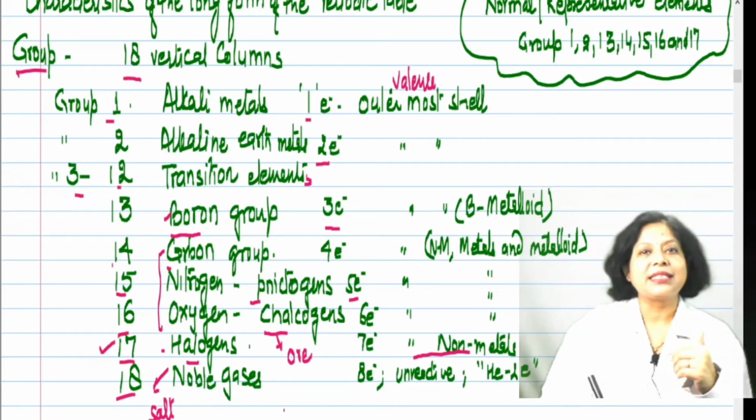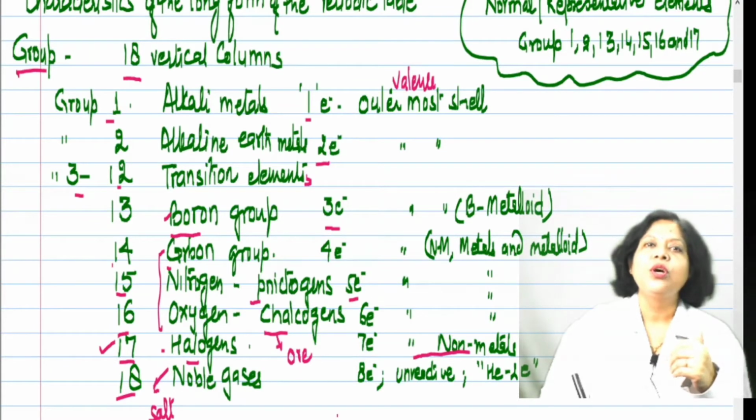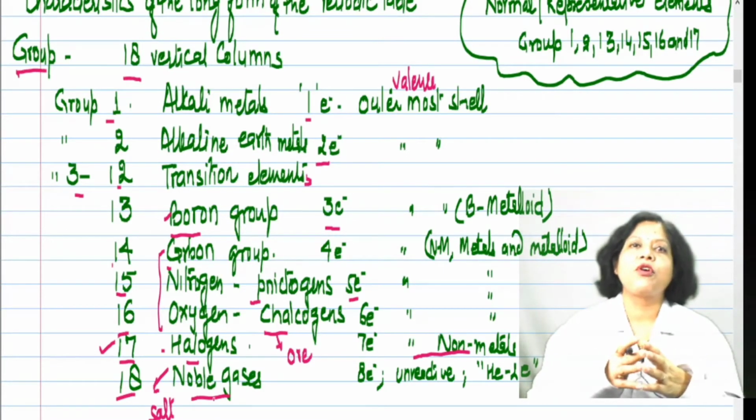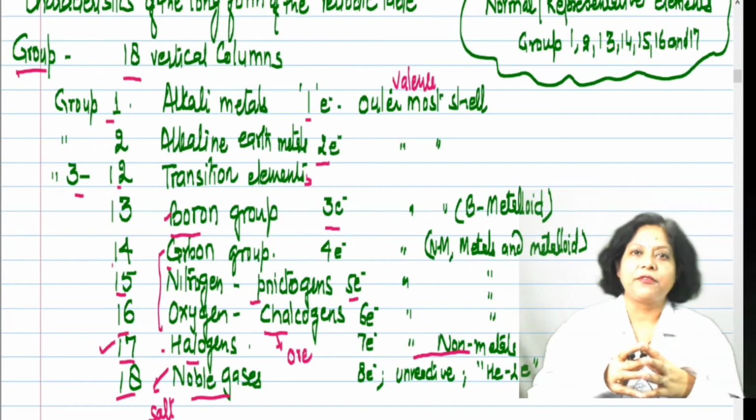These noble gases have 8 electrons in the outermost shell, except helium, which has just 2 electrons in the valence shell. Is this clear? And it is considered that noble gases have the complete octet configuration. Therefore, they do not participate in chemical reactions.